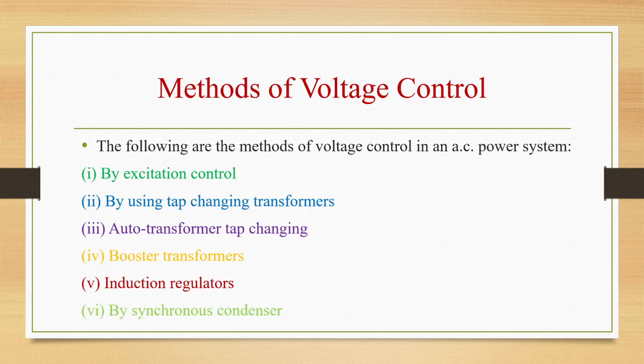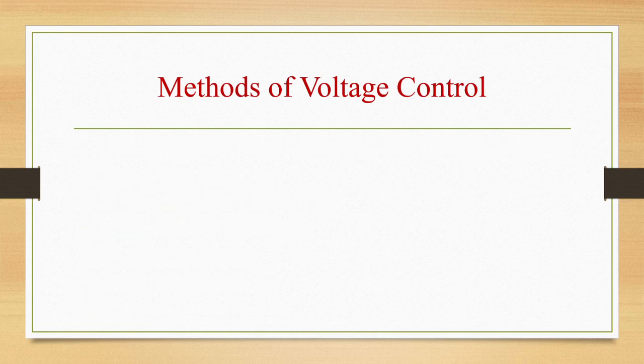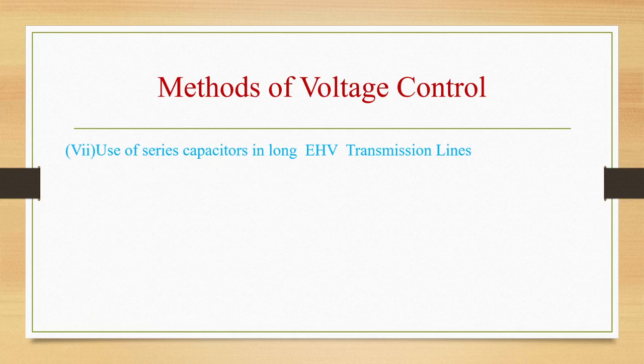Sixth is synchronous condenser. Seventh one is use of series capacitors in long EHV transmission lines. EHV is nothing but extra high voltage transmission lines. So we are using series capacitors to control the voltage in EHV transmission lines.